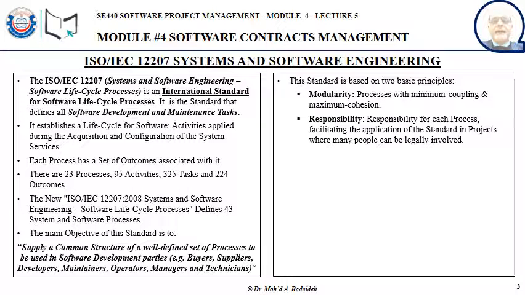Responsibility is about defining the responsibility for each of the processes, the 23 processes in the old version or the 43 processes in the newer version, that facilitate the application of the standard in projects where many people can be legally involved.